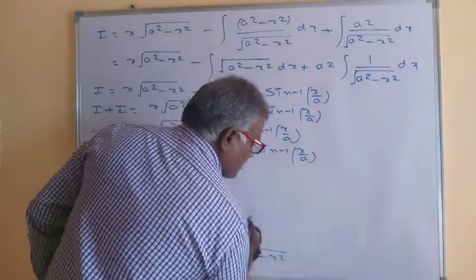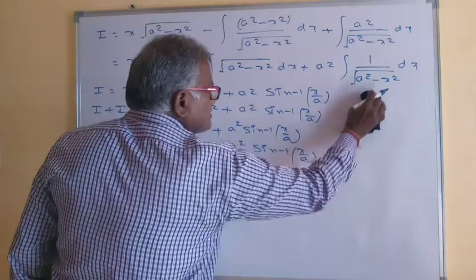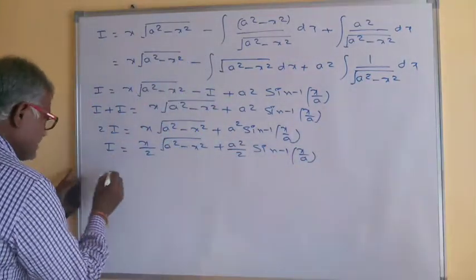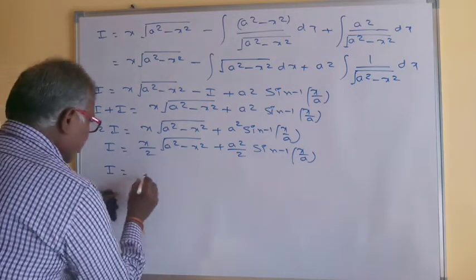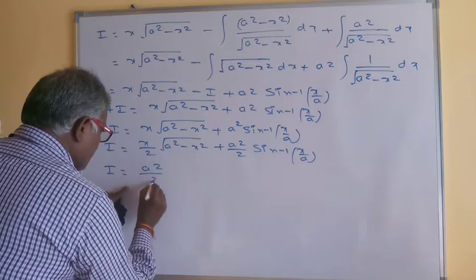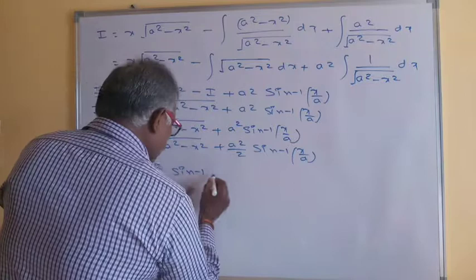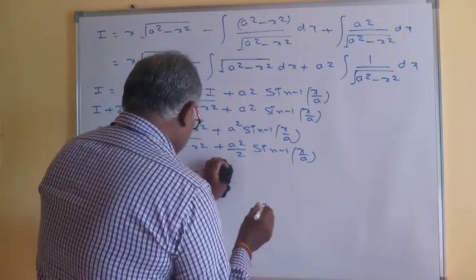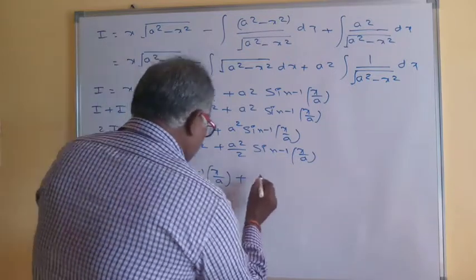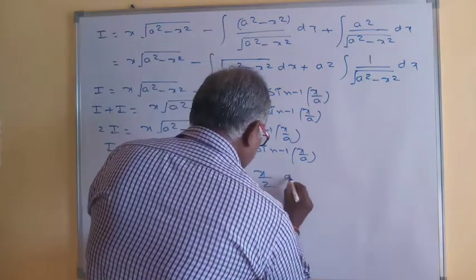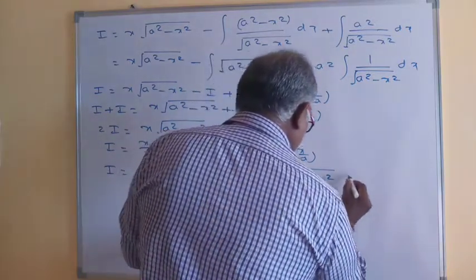Therefore, to remember these three formulas without having any confusion, you can rewrite this as: first you should write the constant term a square by 2 sin inverse x by a plus x by 2 into root of a square minus x square.